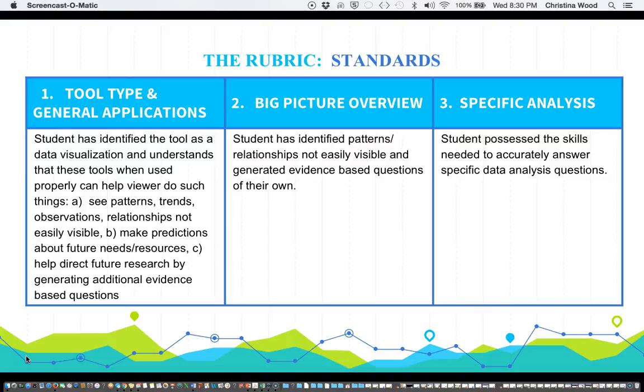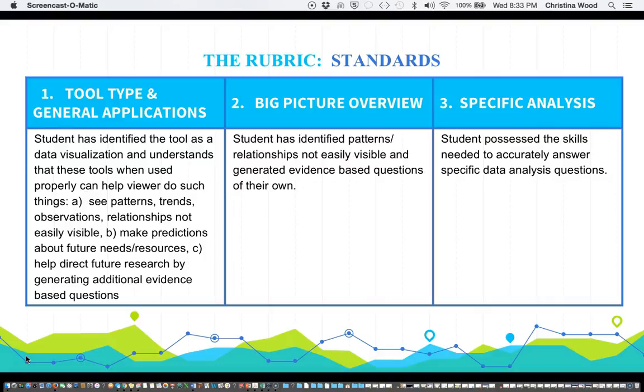So we were looking for data visualization here. Then we were looking for, did you know what a data visualization tool could be used for? For example, seeing a pattern, a trend, making observations that maybe weren't easy to see. Could you make predictions about future needs or resources? Could you actually generate some additional questions like, I wonder why this happened?